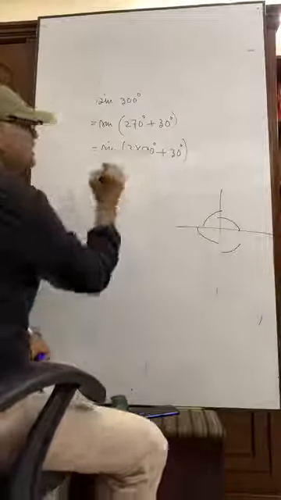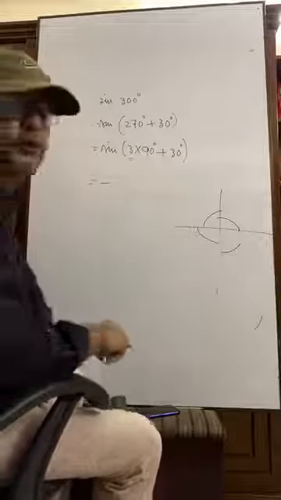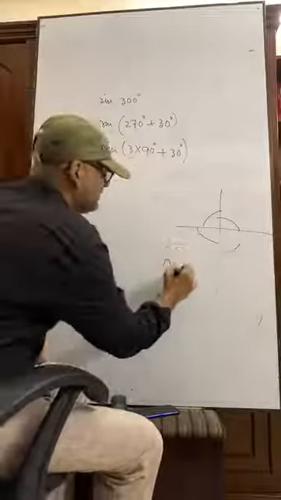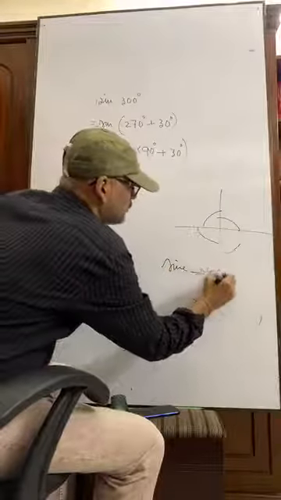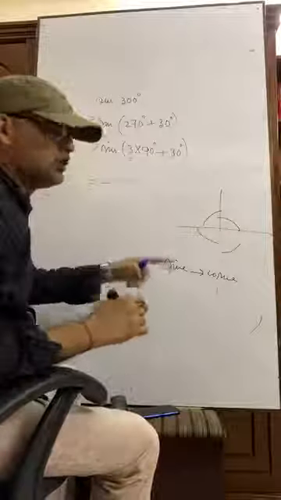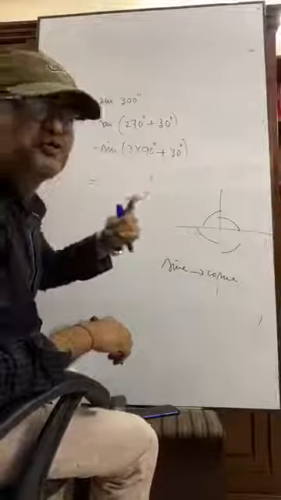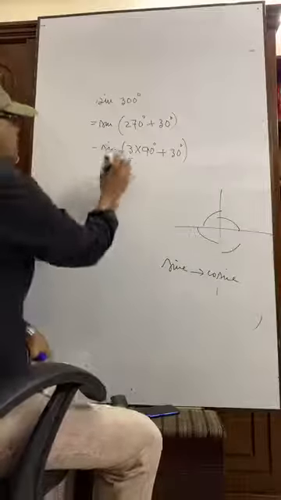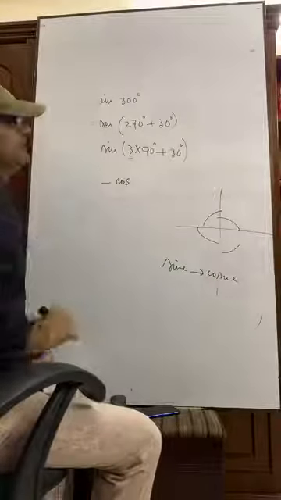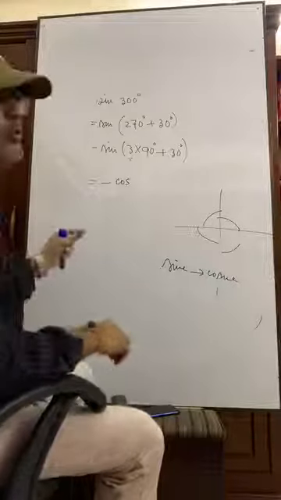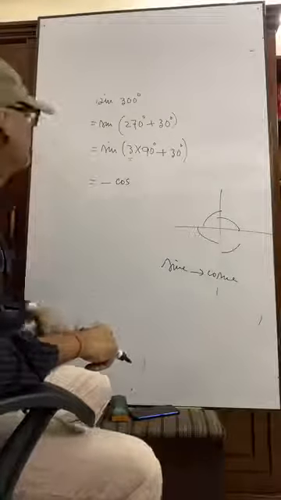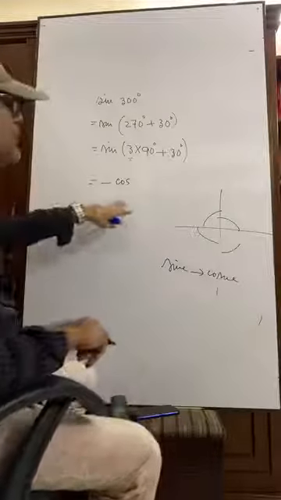Now this is odd number 3, and I told you at first, sine will be cosine. So this sine will now be cosine. This concept was found from that.